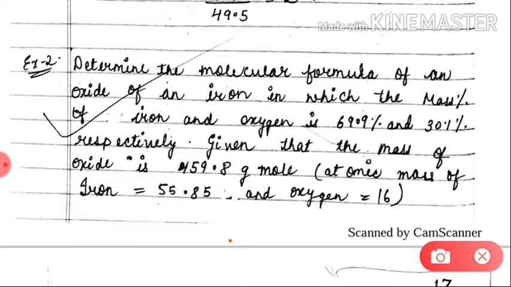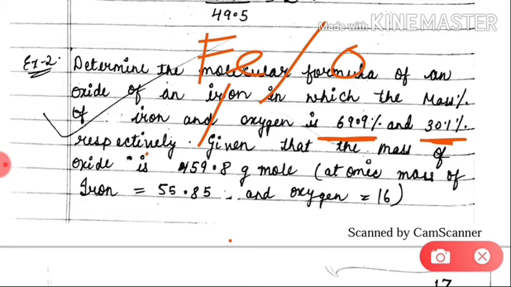Determine the molecular formula of an oxide of iron in which the mass percentage of iron and oxygen is 69.9 and 30.1 respectively. It means there is one compound, and that compound has two elements, one is iron and one is oxygen.